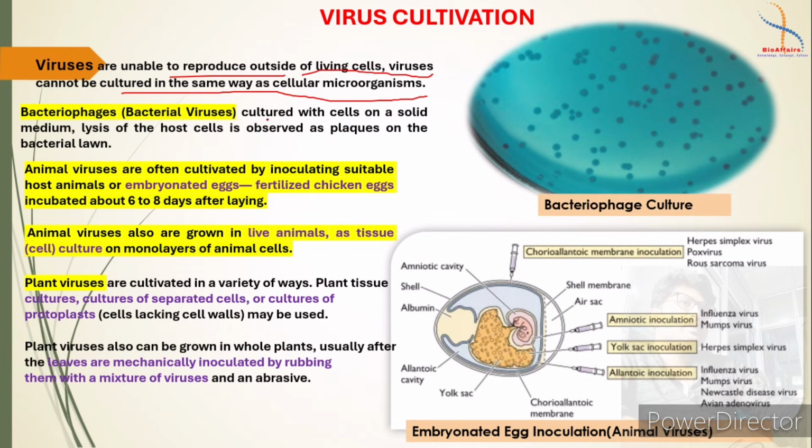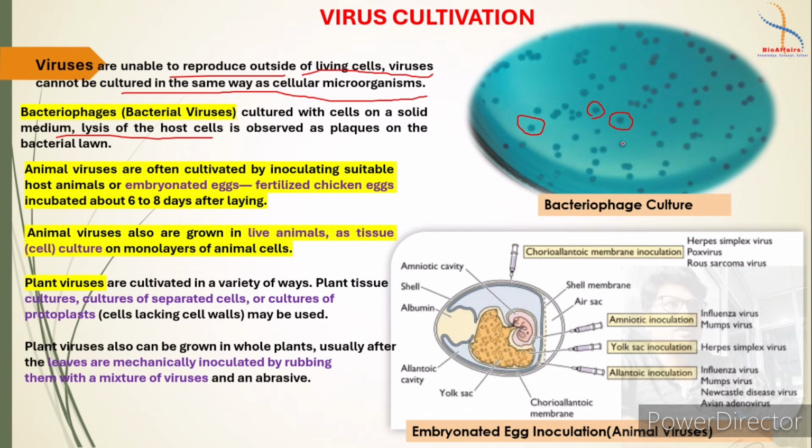So here I have shown a representative picture. These small clear zones are nothing but plaques. In the previous slide I told you about plaques. It is occurring in a media plate. This is a media with a bacterial lawn, and bacteriophages are given, and it will show you some plaques. These clear zones are where there are no bacterial cells.